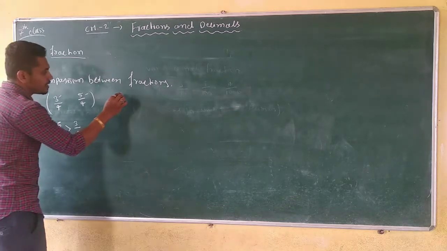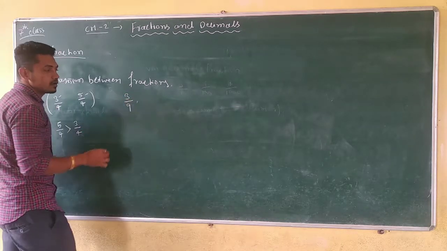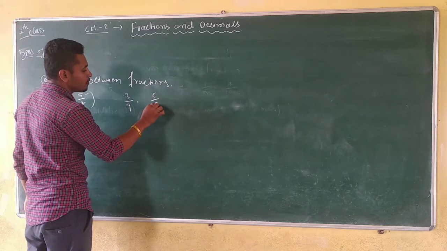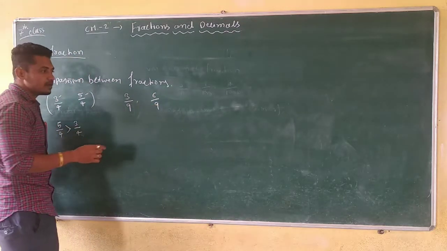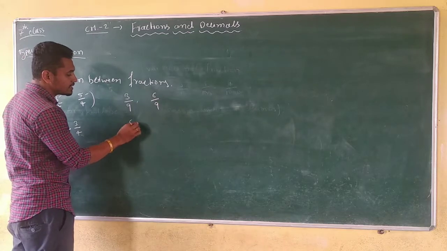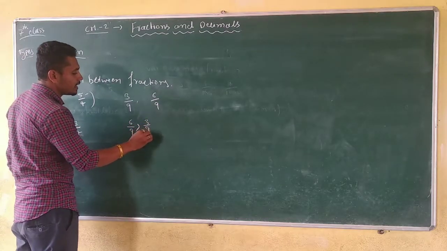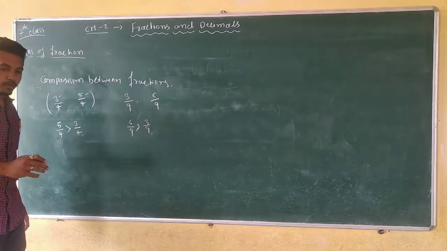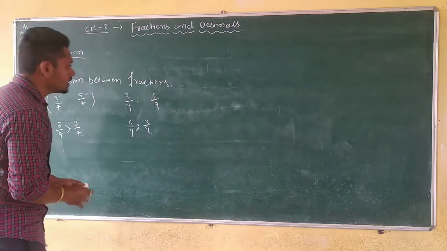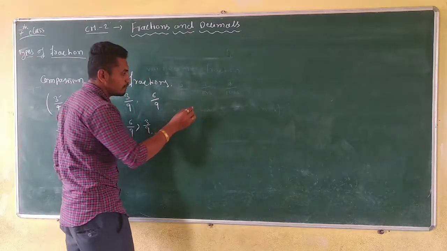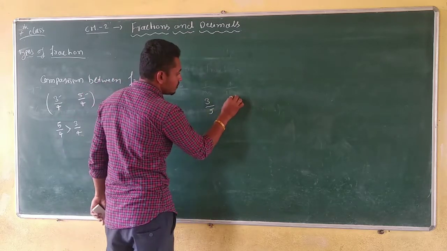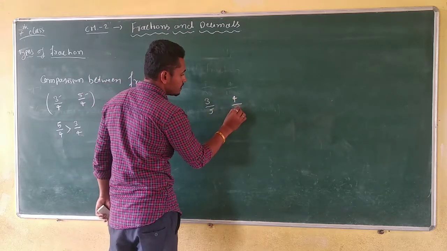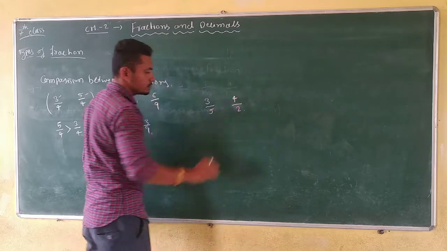Take another example: 3 divided by 9 and 6 divided by 9. Which one is greater here? 6 divided by 9 is greater than 3 divided by 9. Is it right? But now we have to compare 3 divided by 5 and 4 divided by 2.